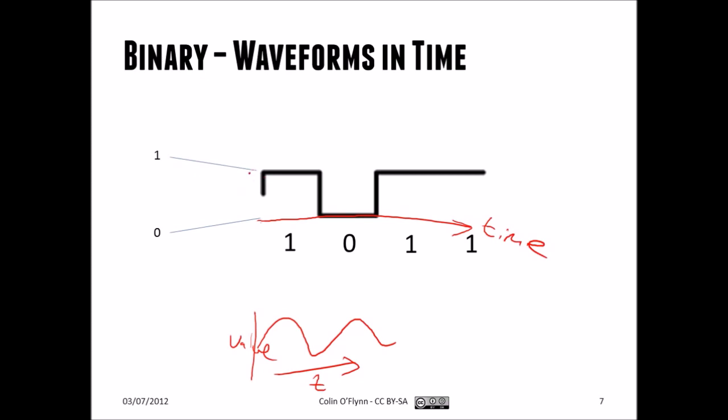Except here, the only possible states are if it's at this, it's 1. If it's at this, it's 0. So you can still say at time t equals 0, it's 1. At t equals 1, it's 0. t equals 2, etc. So we still have the idea of time in binary, but at any point in time, there's only 2 possibilities for this value to be, 1 and 0.